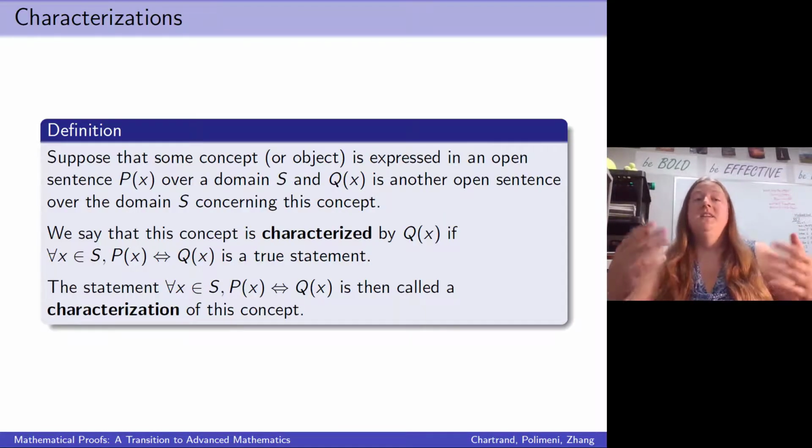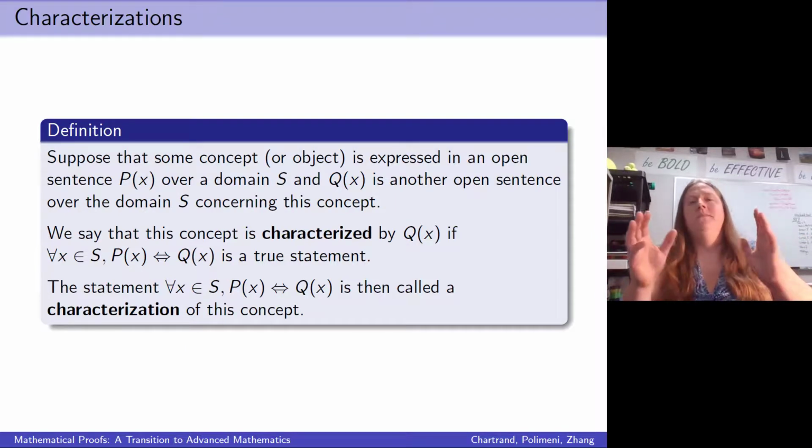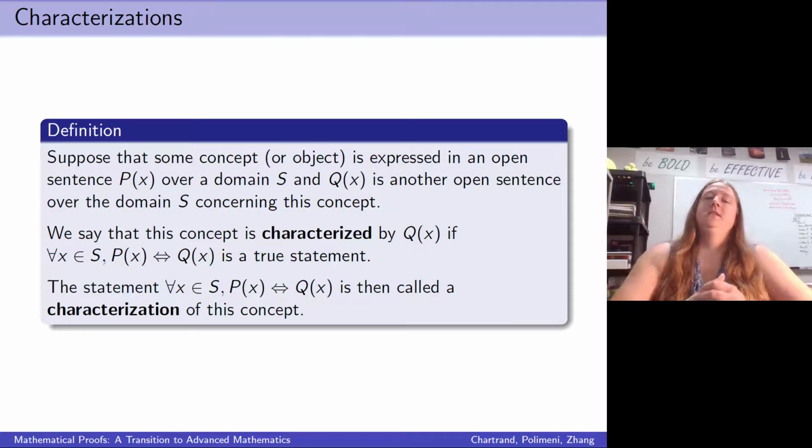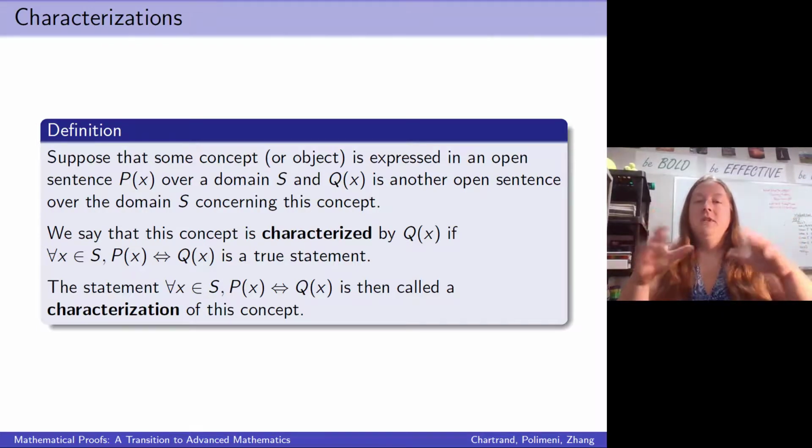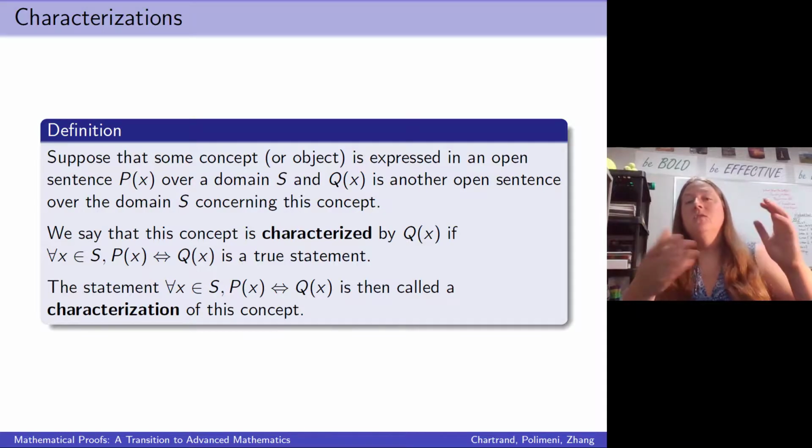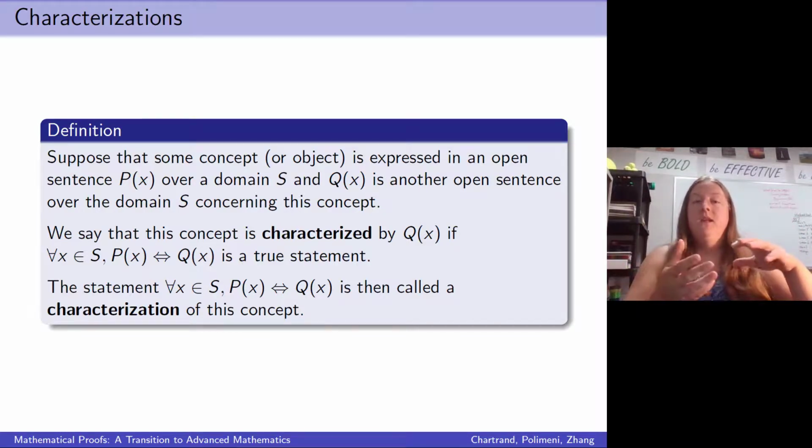Our final topic is characterizations. No more symbols introduced here, just a concept. If we have some mathematical object that we can describe in a certain way, like in a definition form, but there's another way that we can describe it.